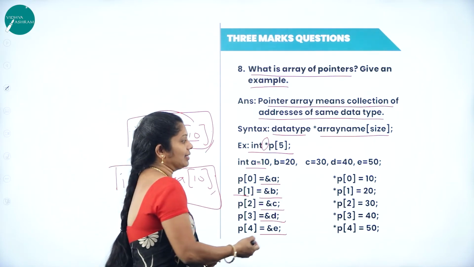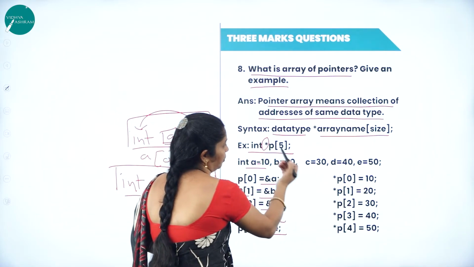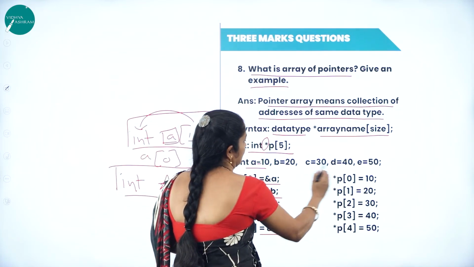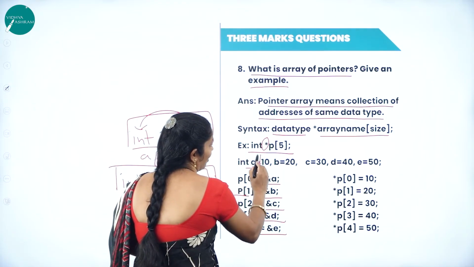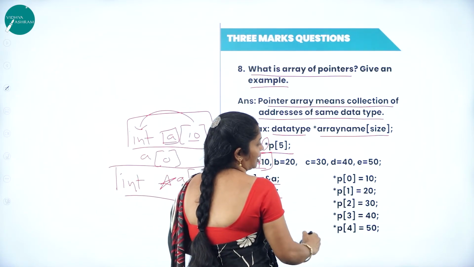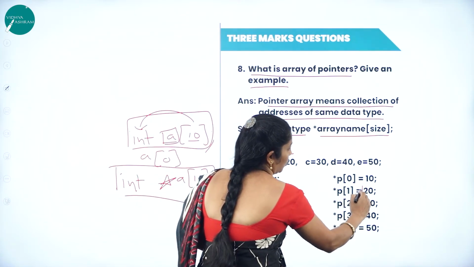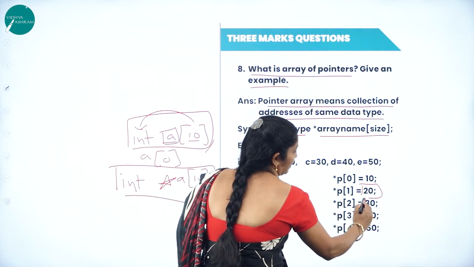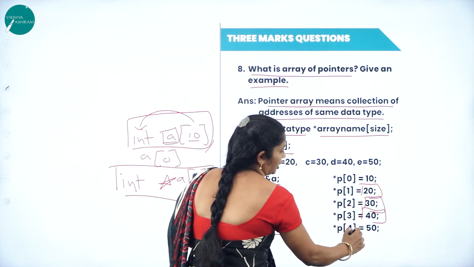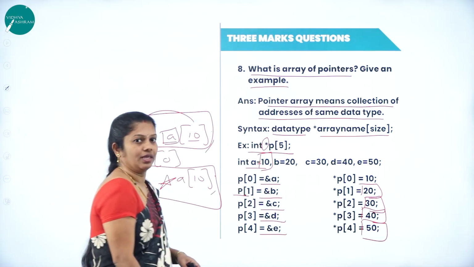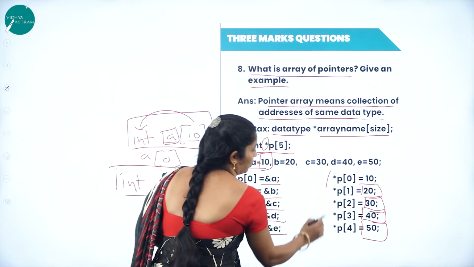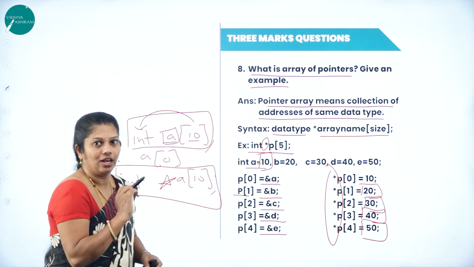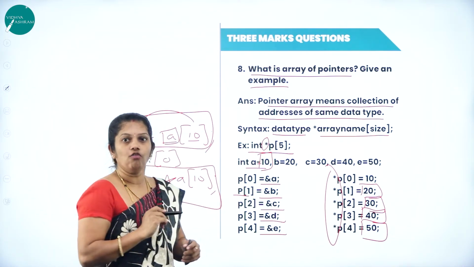Then if I want to access the values, once again for that pointer variable, if you write the star operator, then *p[0] represents the value 10 here. *p[1] represents 20 here, p[2] gives 30, p[3] gives 40, and p[4] gives 50 here. That means if you put the star operator before that variable, I can access the value here. This is nothing but an array of pointers.